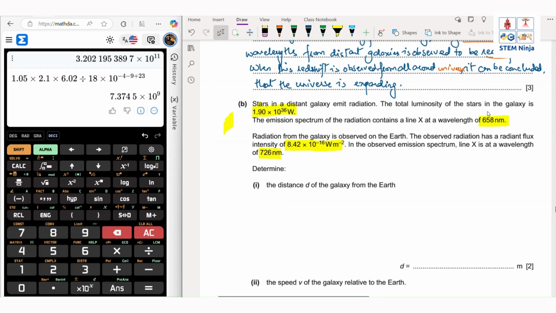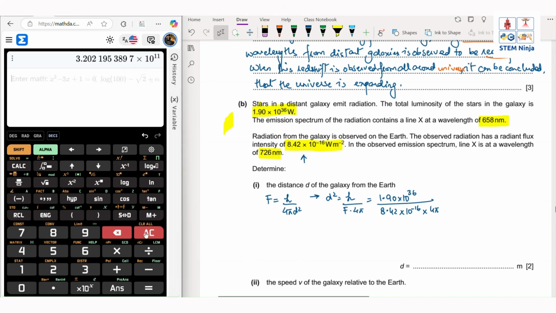So we can do that from the flux density. Flux, radiant intensity, is luminosity over 4 pi d squared. So d squared is L over F times 4 pi. Luminosity is given: 1.90 times 10 to the power 36, divided by flux 8.42 times 10 to the power minus 16, times 4 pi. This will give us d squared.